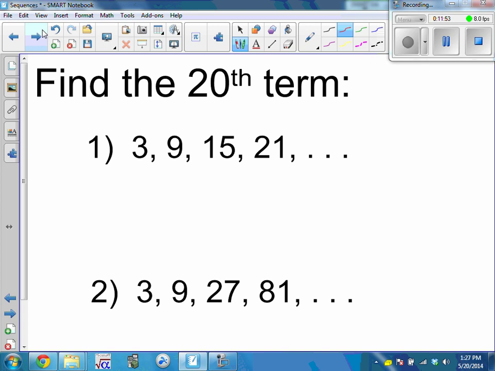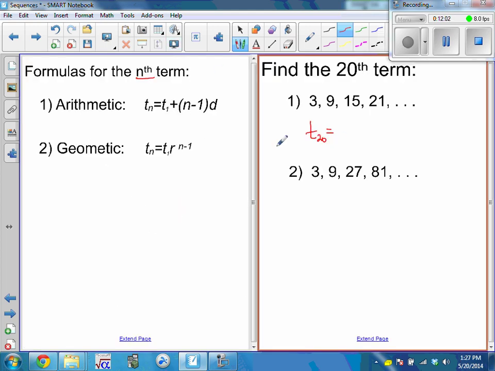If I want to find my 20th term, I just substitute these in. My first term, my t sub 1, is 3, plus 20 minus 1 times my difference. Well, my difference is what I add to get the next term: 21 minus 15, 15 minus 6.